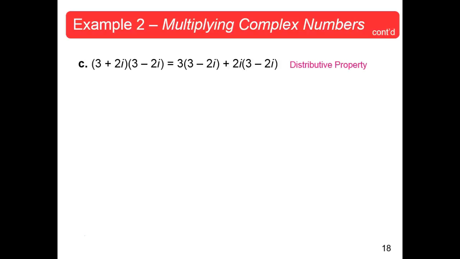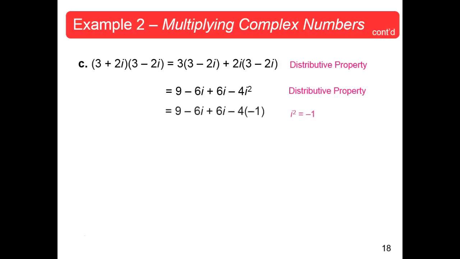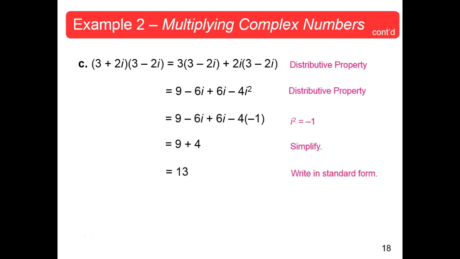So 9 plus 4 is 13. Now let's do the innards and the outers. 0, because this is minus 6i plus 6i. That adds a 0. So guess what? You multiply two complex numbers together with imaginary parts, and you wind up with a real number, 13.